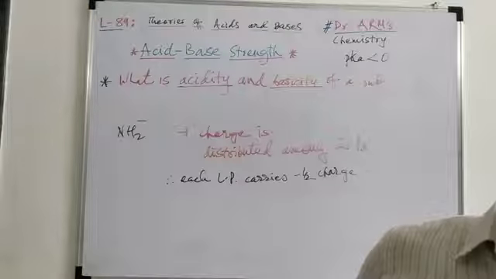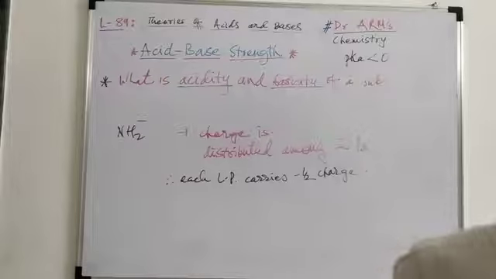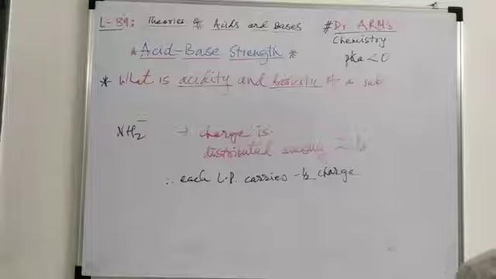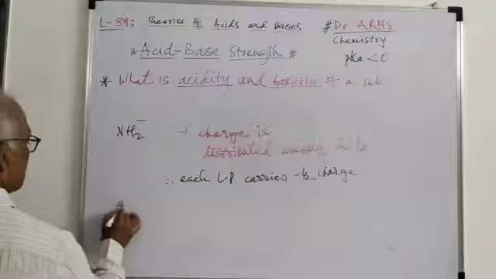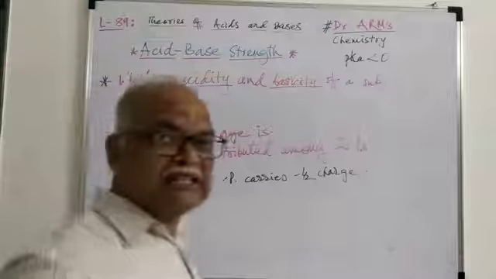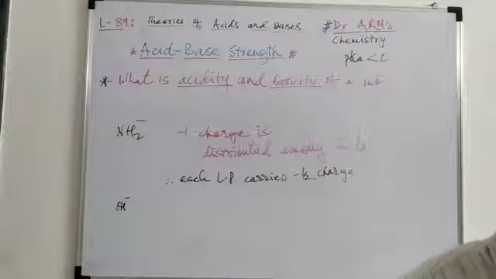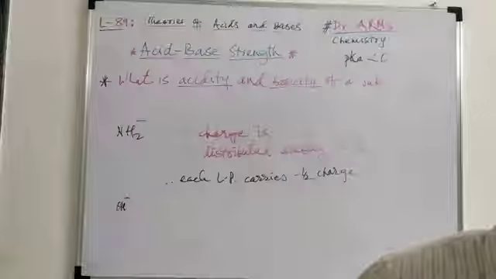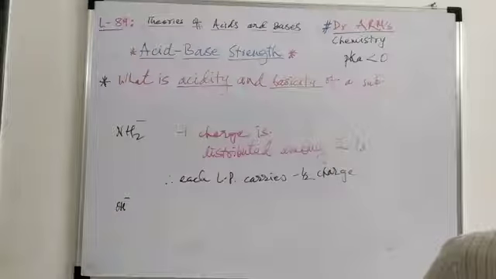Then, if we take another example, that is OH minus, it has one negative charge and three lone pairs.